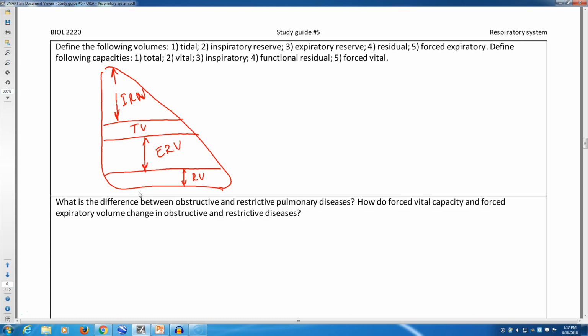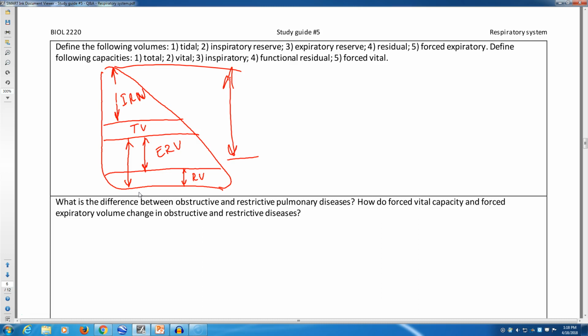Say again? That's vital capacity. So all except residual. So this is vital capacity. This is the part of the lung that you are using. Now, functional residual capacity is this: expiratory plus residual. So what you can expire and that little icing on the cake.